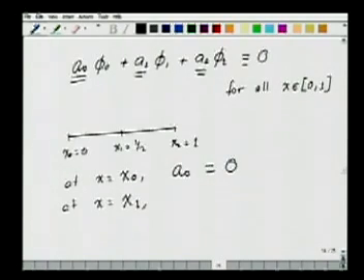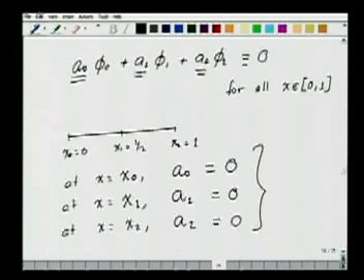My phi 0 is equal to 0, phi 2 is equal to 0, phi 1 is equal to 1. So this expression becomes a1 is equal to 0. At x is equal to x2, by the same token, phi 2 is equal to 1, phi 1 and phi 0 are 0. So my a2 becomes equal to 0. This is exactly what we needed for linear independence. So these functions phi i's that we have constructed are indeed linearly independent, piecewise linears, complete, continuous, and we say that they belong to C0.